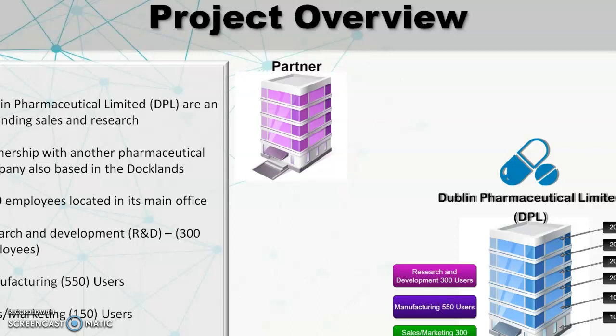The manufacturing has 550 users, and sales and marketing has 300 users. As you can see, these users will be subdivided into 6 floors. So the six floors: one, two, three, four, five, six.